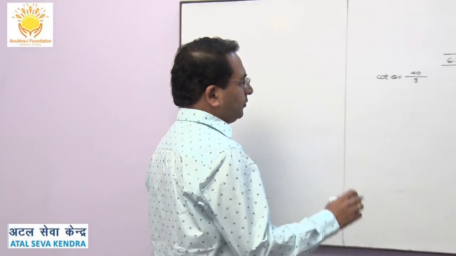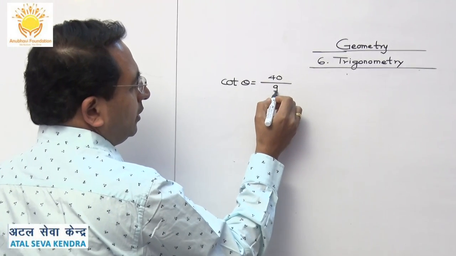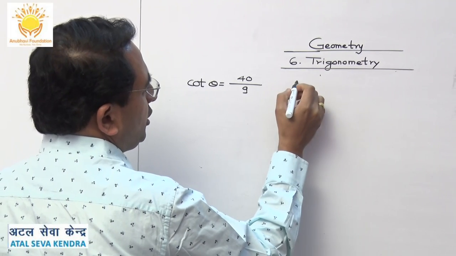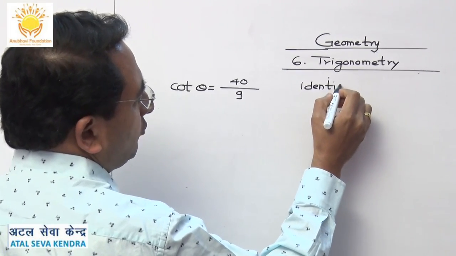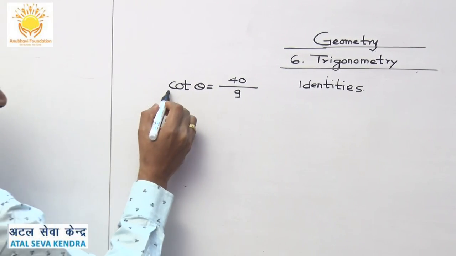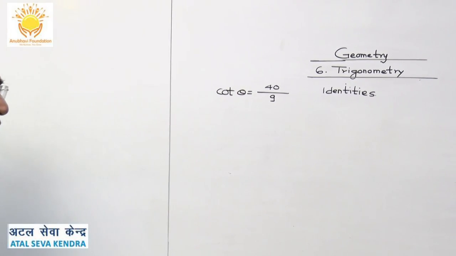Now see one more sum there. Cot of theta value is given as 40 upon 9. We have to find out the remaining trigonometric functions by using identities. Now there is one more formula here, a cot theta related formula in identities.